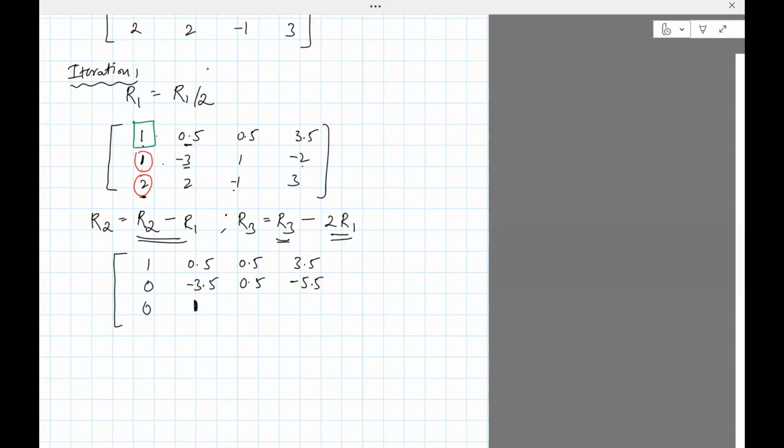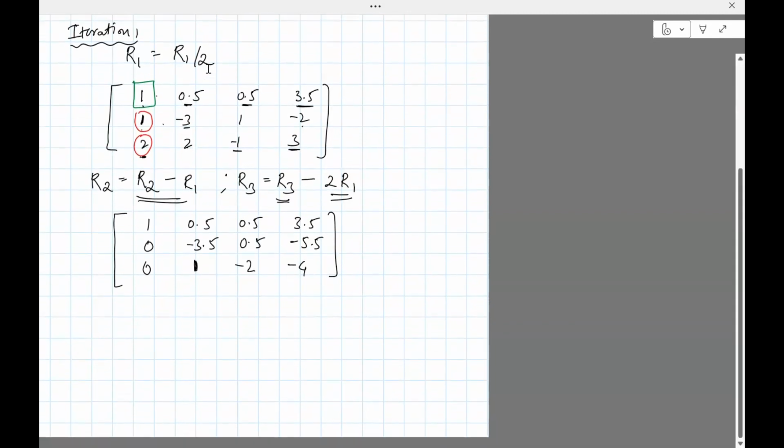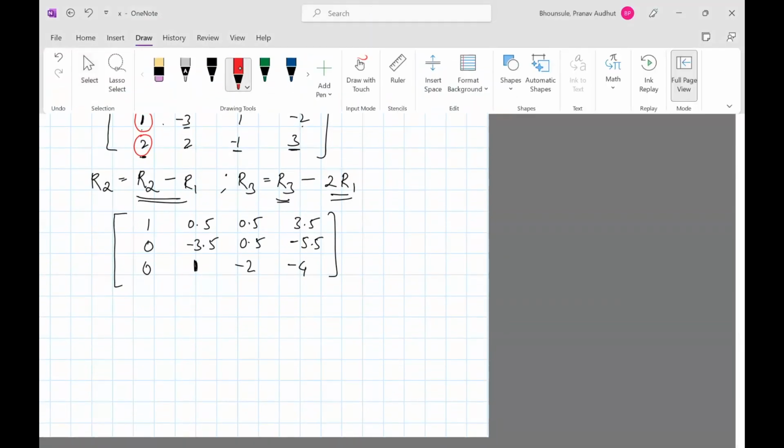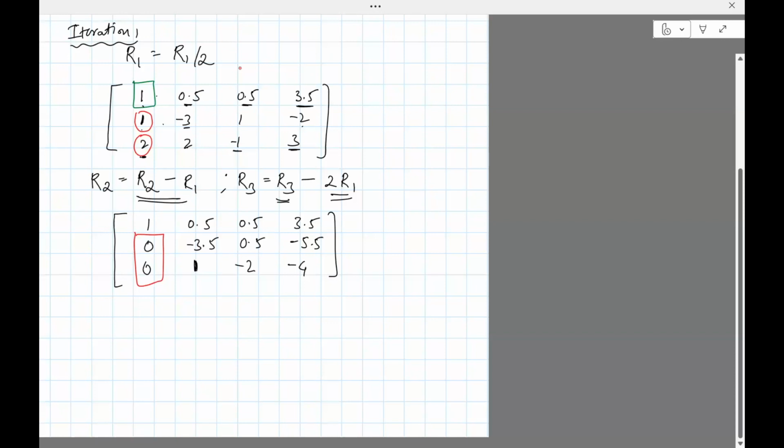Next is minus 1 minus 2 times 0.5, so minus 1 minus 1, which is minus 2. Then 3 minus 2 times 3.5, so 3 minus 7, which is minus 4. So what we achieved here is that we got these to be 0.